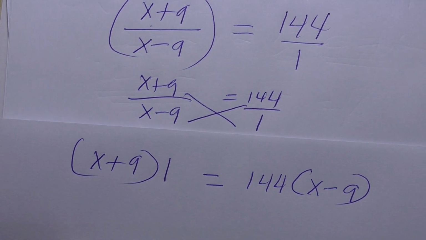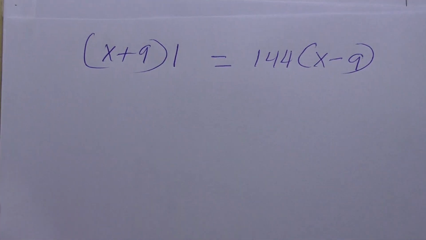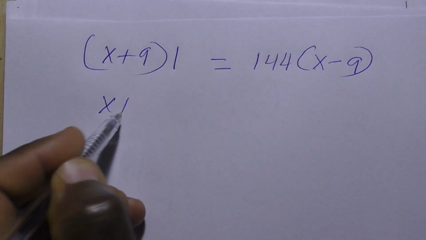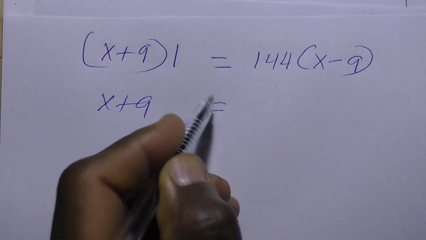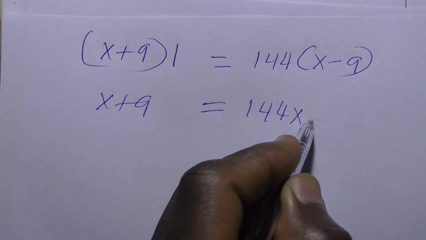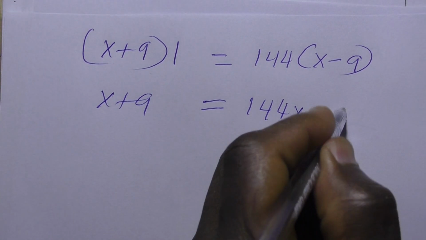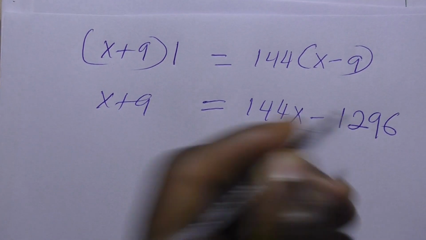So we open brackets, that is x plus 9 equaling to 144x, then 144 times 9 gives us 1296.